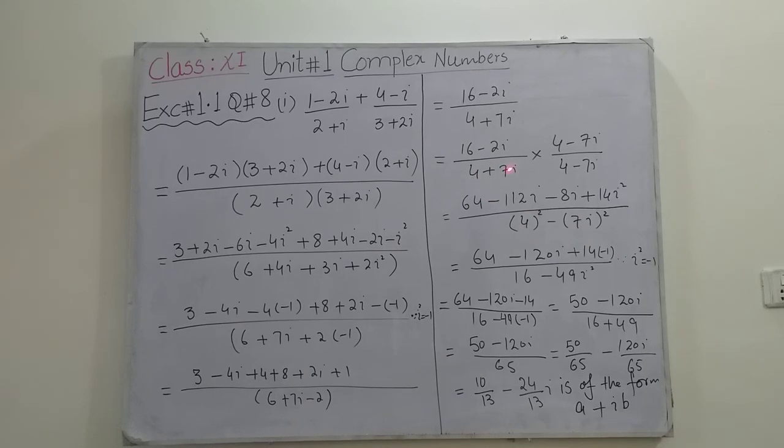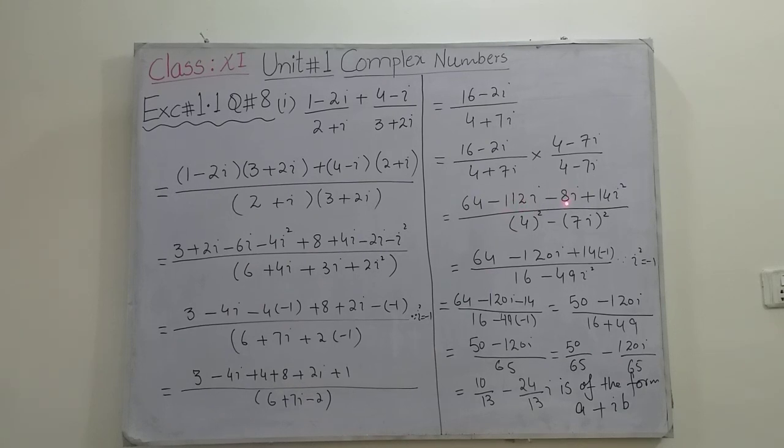Here (4 plus 7 iota) into (4 minus 7 iota) equals 4 square minus 7 iota square. Now 64, minus 112 iota minus 8 iota becomes minus 120 iota. Here putting iota square equals minus 1, we have 14 into minus 1. For the denominator, 4 square is 16, and 7 iota square is 49 iota square.